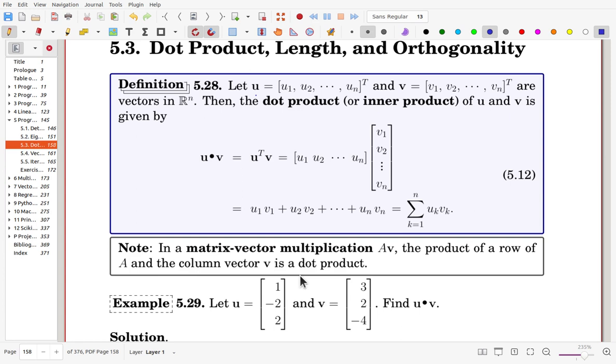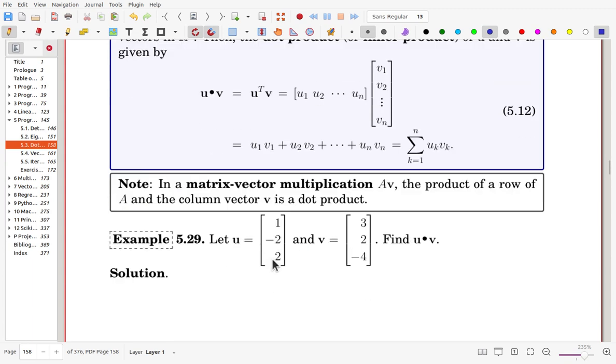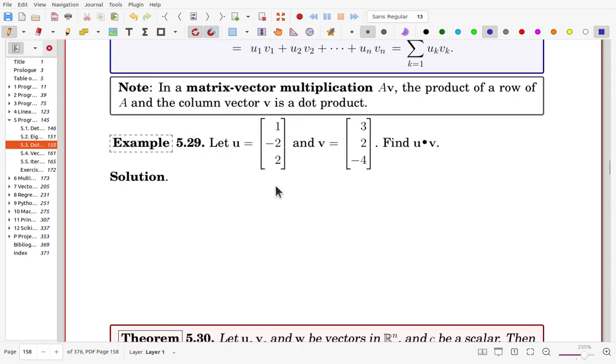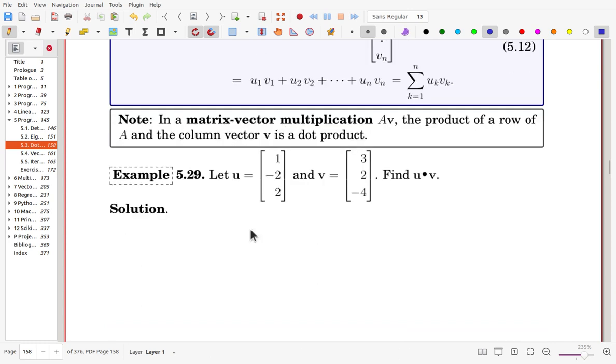Now here we define the dot product. Okay, u and v are given. We want to find u dot v. We'll follow the definition.